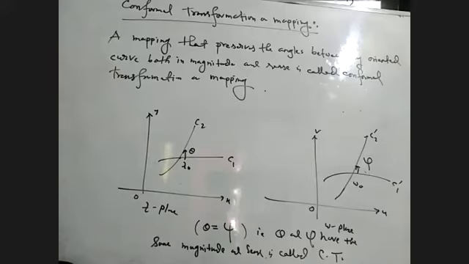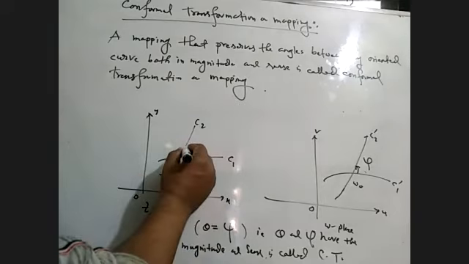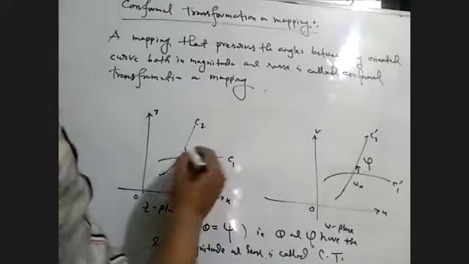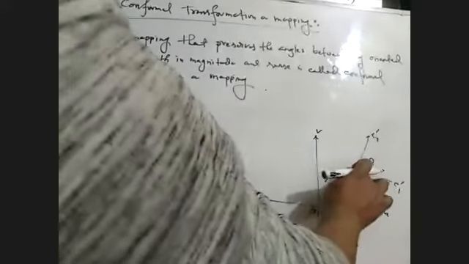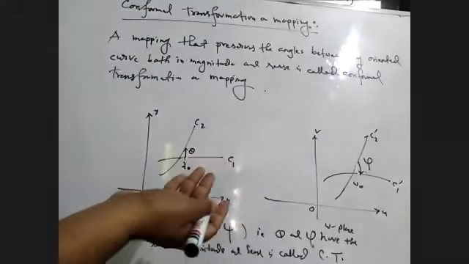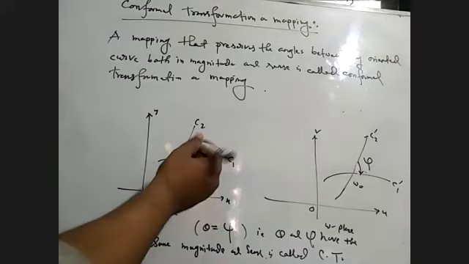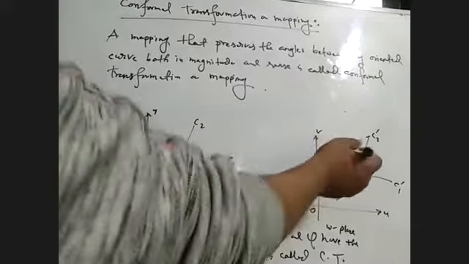Now, what is a non-conformal transformation? Suppose we have the same magnitudes, but the direction is not the same. Suppose the direction is like this, then it is not a conformal transformation, although it has the same magnitudes. Same value, but the direction is not the same.